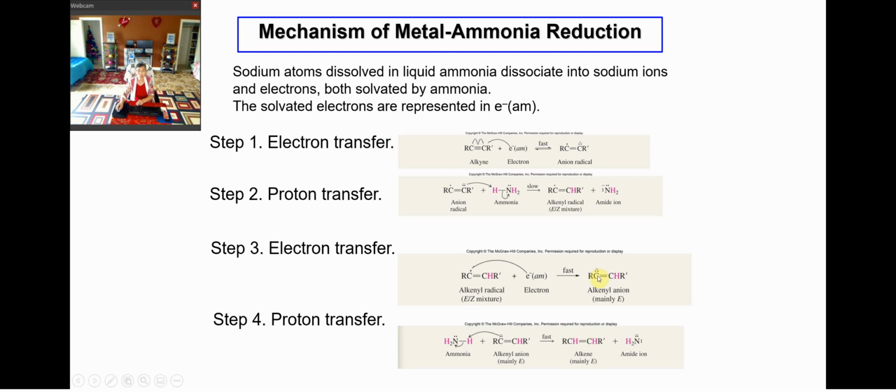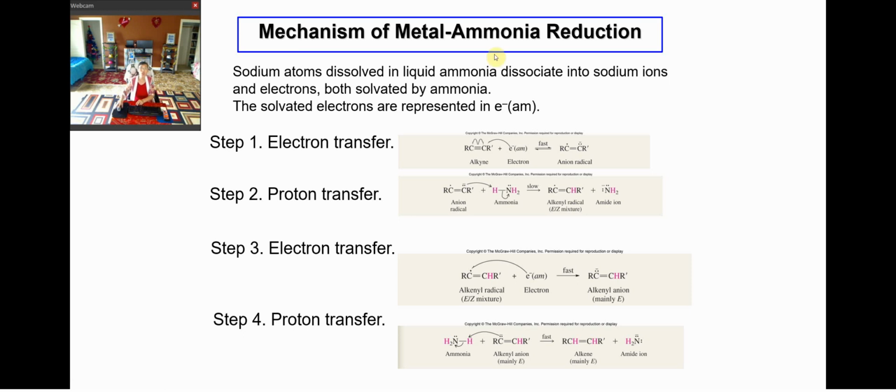Again, this negatively charged carbon is going to be attracted to the hydrogen from your ammonia. So hydrogen is going to bond with this carbon with the negative charge. You form an alkene, and you also produce amide negative ions. These are four different steps, but mainly related to the transfer of your electron and transfer of your proton.